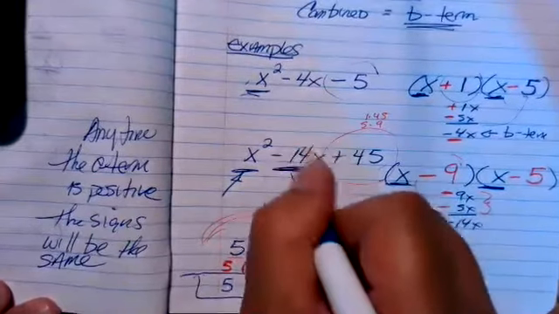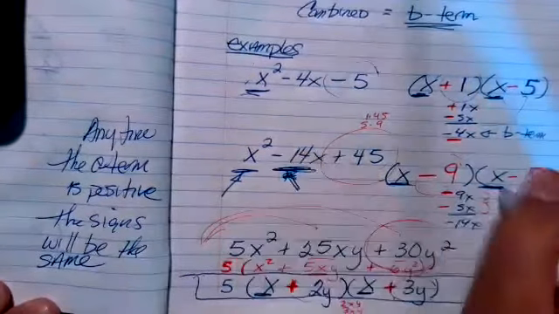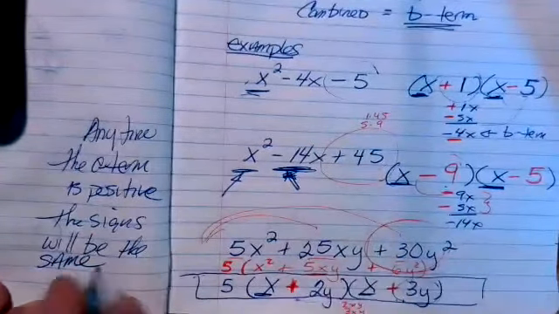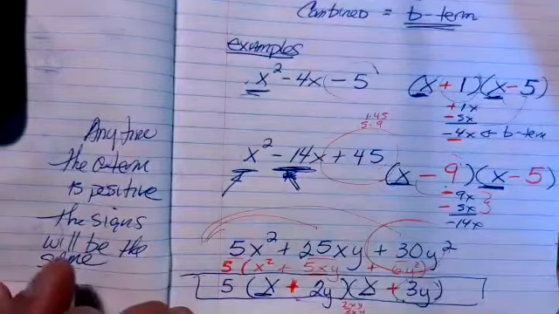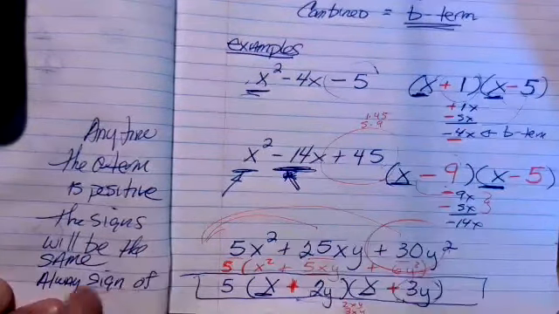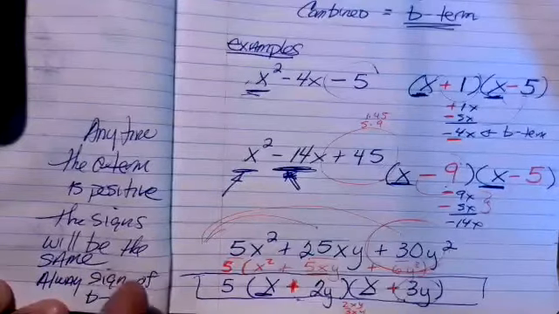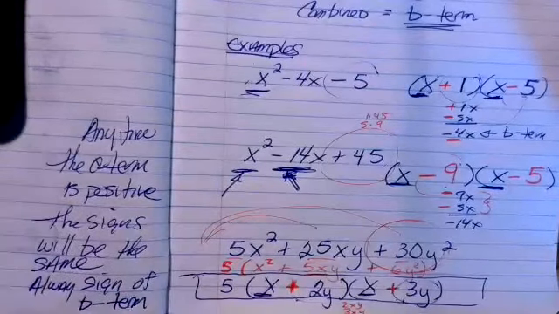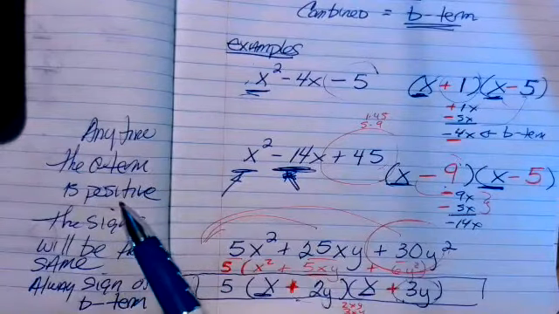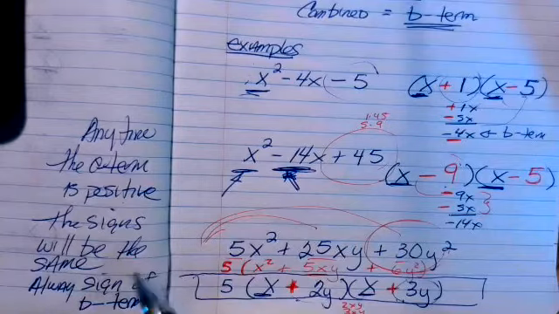Here my B term is negative, so they were both negative. Here my B term is positive, so they will both be positive. Always sign of B term. That's sloppy looking. Anytime the C term is positive, the signs will be the same, and it'll always be the sign of the B term.